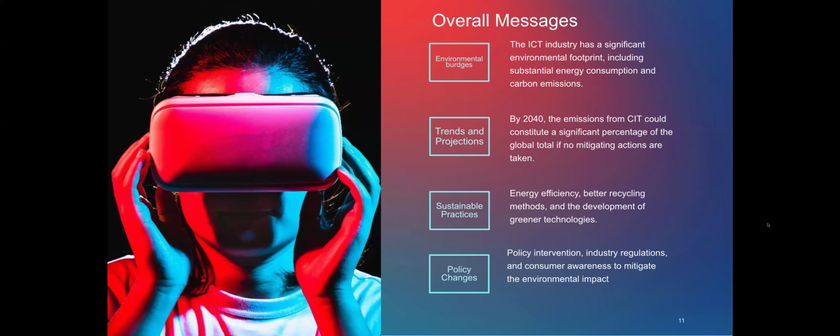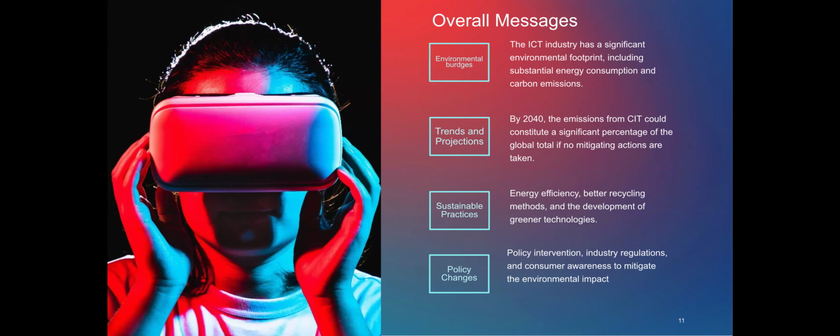The overall message this article tried to send us is that the ICT industry has a significant environmental footprint, including substantial energy consumption and also carbon emission. So therefore, it projected that by 2040, the emission from ICT could make up a significant percent of the global total if no mitigating actions are taken. Therefore, energy efficiency, better recycling methods, and development of greener technology are needed.